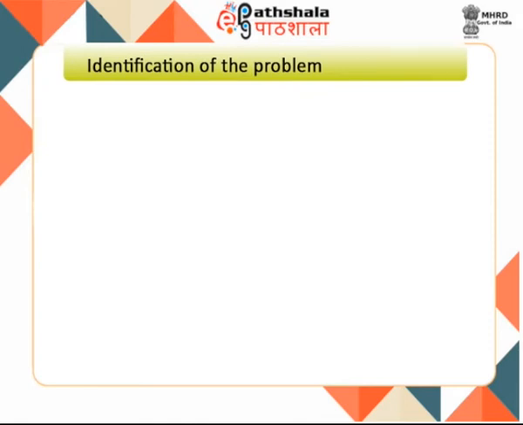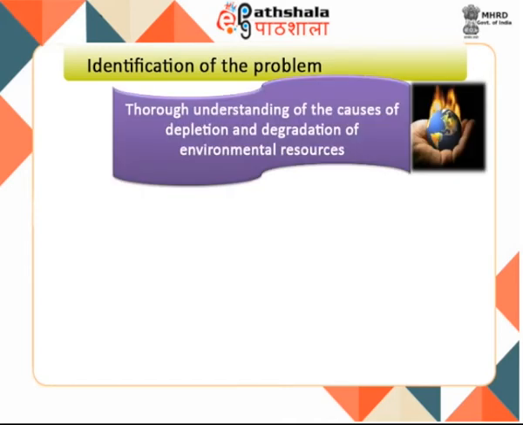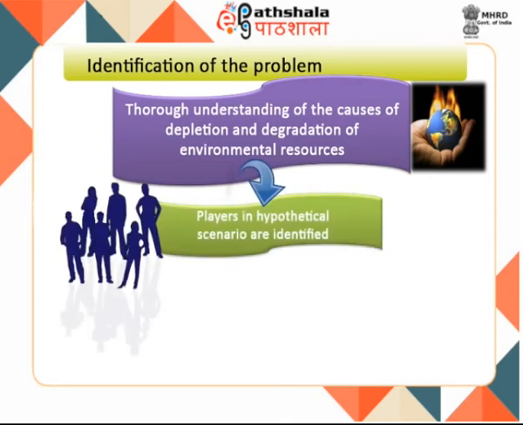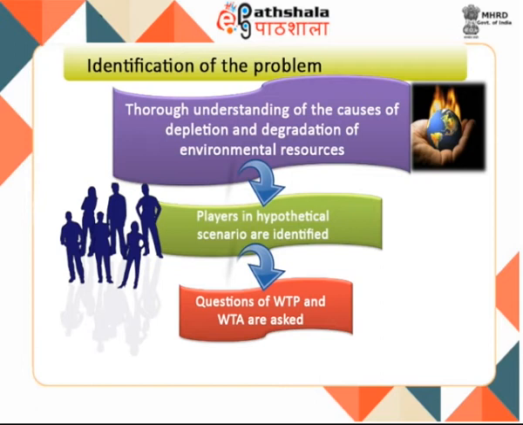Identification of the problem. Effective implementation of CVM to evaluate any environmental resource requires a thorough understanding of the causes of its depletion or degradation. It is only then that one can identify the players in the hypothetical scenario to whom the questions of willingness to pay or willingness to accept compensation may be presented.